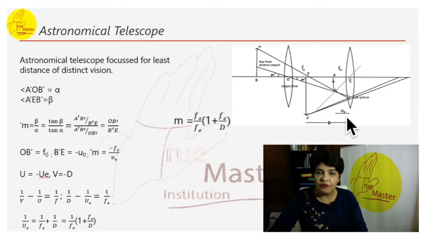Here we know the formula 1 by V minus 1 by U equals 1 by F. We are going to substitute the values where we consider the image V at the distance D. The final image is formed here, A dash B dash, and this distance from the eyepiece is considered as D. So replacing V with minus D, this is the distance where the final image is kept.